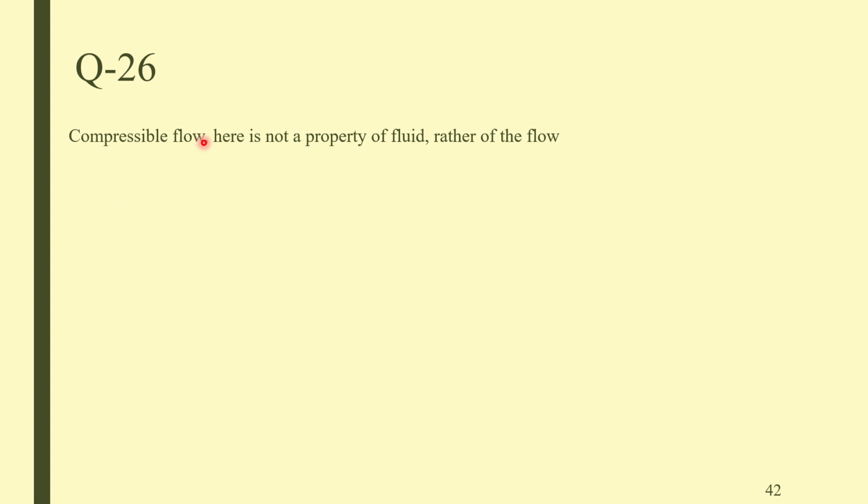Whereas gas, on the whole, if we look at it as a fluid property, gases are compressible. But here we are dealing with the flow type. We can say that compressible flow is a flow property. Therefore, we cannot generalize that all gas flows are compressible. Gas flows can be incompressible as well if there is no major change in the density of the fluid.